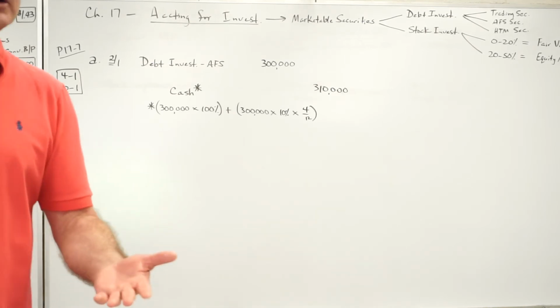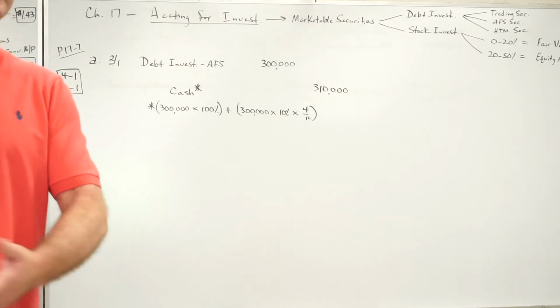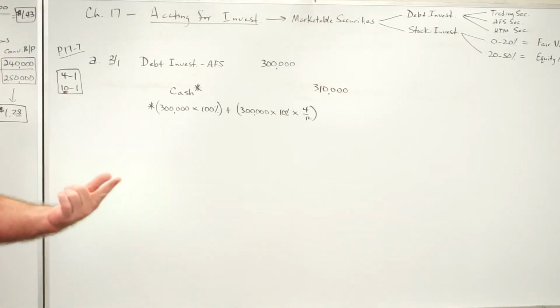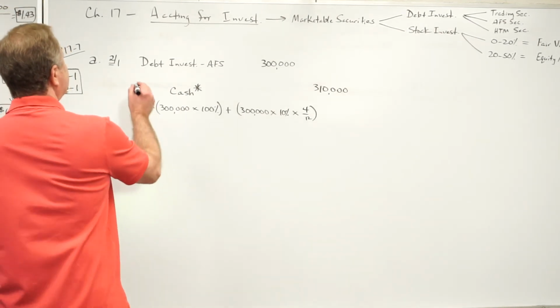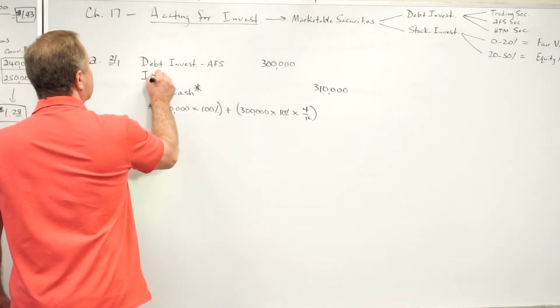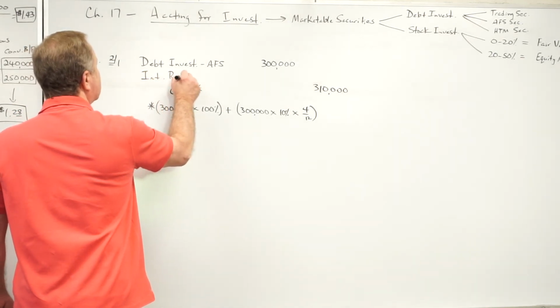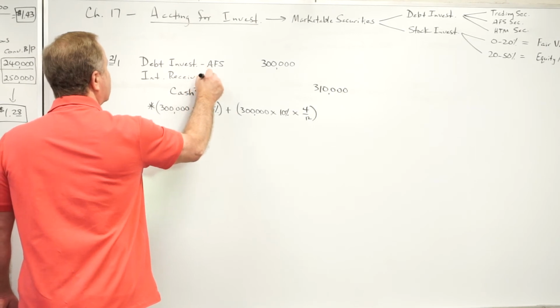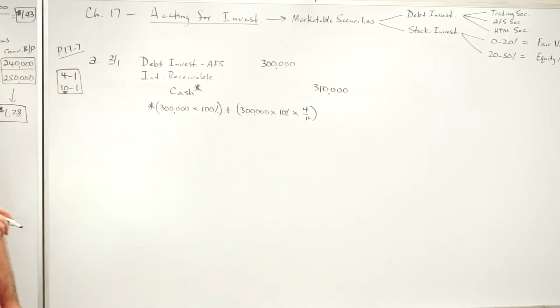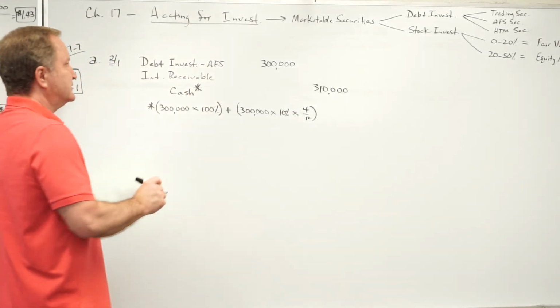Your Gleim book does it a different way, and they would say you should debit interest receivable for the same $10,000.